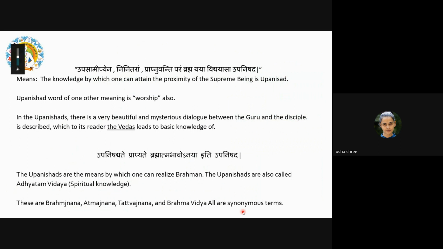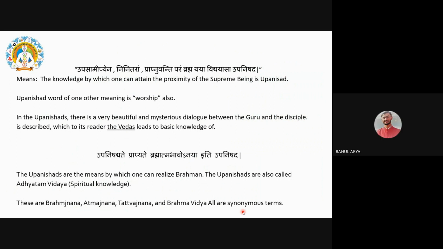And this leads to the knowledge of, one second, I got stuck here. The Vedas lead to the basic knowledge of Brahman. Is that what it says?